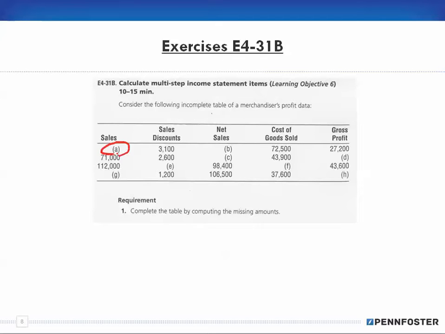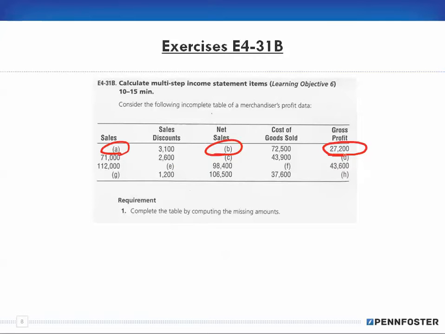They're asking for letter A, they're asking us for sales. In order to calculate our sales, we have to work backwards. We have to start out with our net sales and then add in our sales discount in order to get our sales. But we can't do that because we don't know what our net sales is, so we actually have to do B first. And we can do B because we're working backwards.